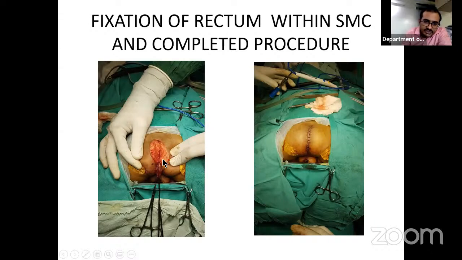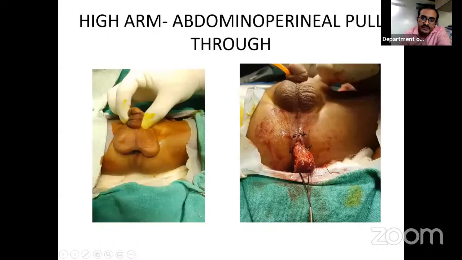This is the subcutaneous tissue, and these are the parasagittal fibers, which in adults or normal patients are called levator ani. This is after completion of the procedure. Here is the anal opening. This patient is on follow-up, with very good continence and doing well functionally.